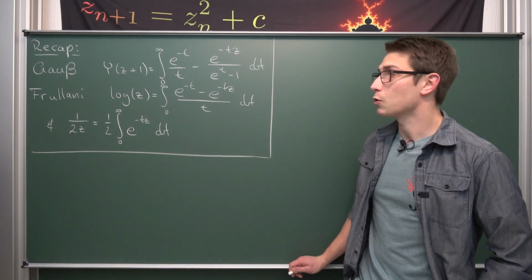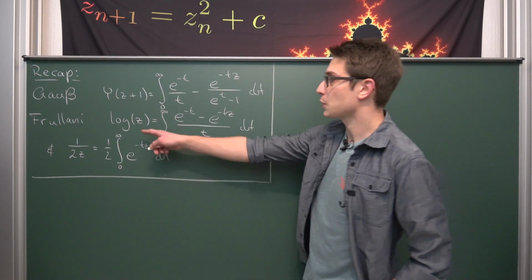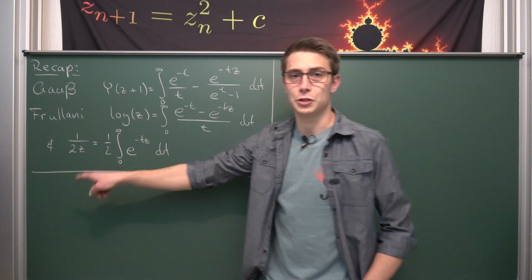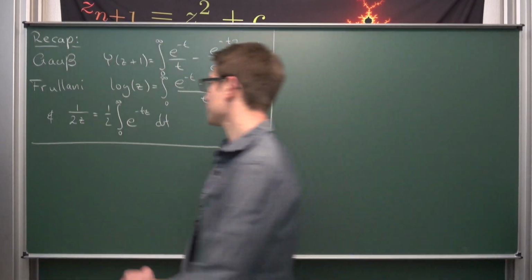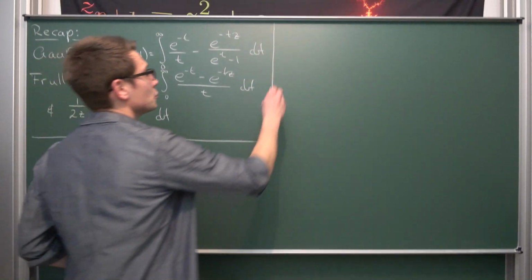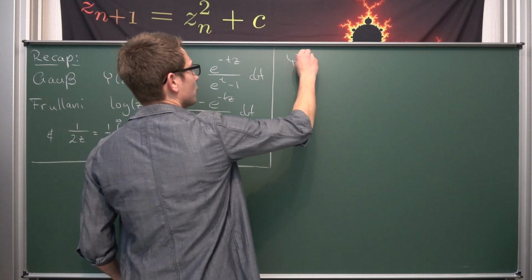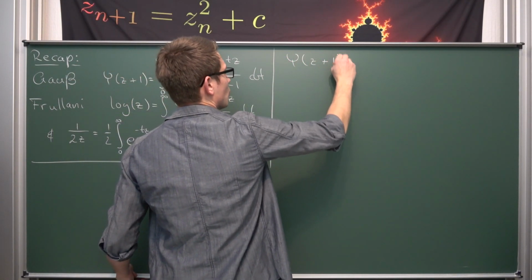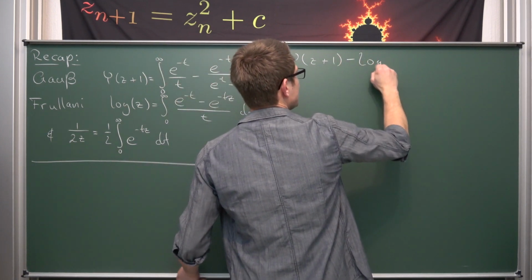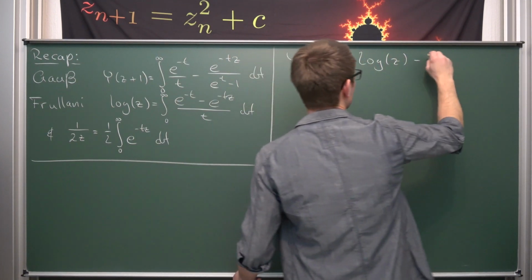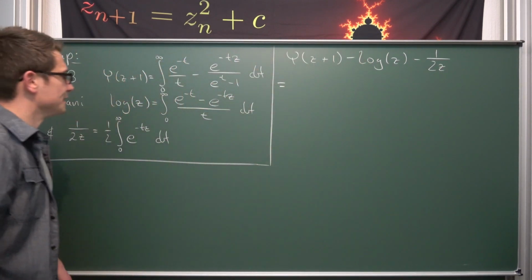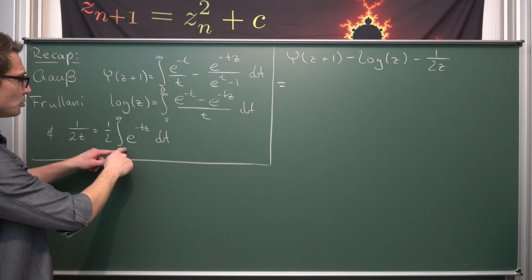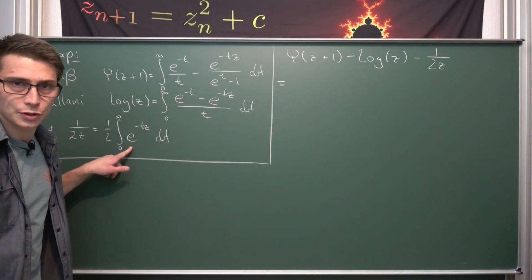And the first thing that we are going to do is subtract log of z and 1 over 2z from digamma of z plus 1. This is the very first thing that we are going to do. So if we take the difference of digamma of z plus 1 and log of z and also 1 over 2z, what we are going to get is basically just a superposition of these three integrals.